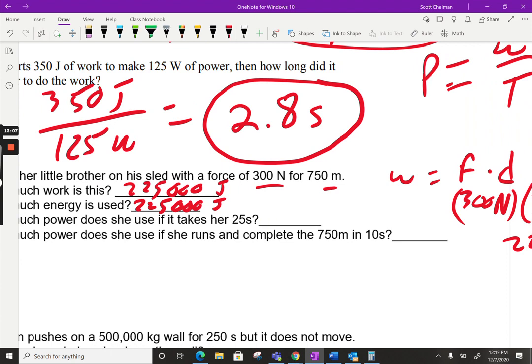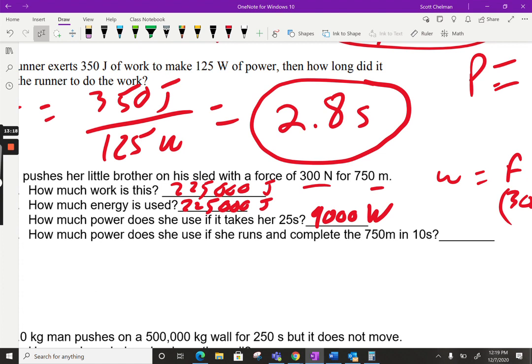Yeah. And that would be 9,000 watts. Okay? So again, the faster that she does it, the higher the power is going to be. It's not going to be any more work, right? But the point is, how fast is the work done in terms of power?